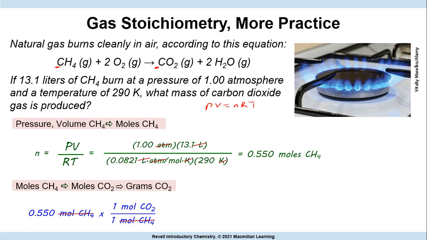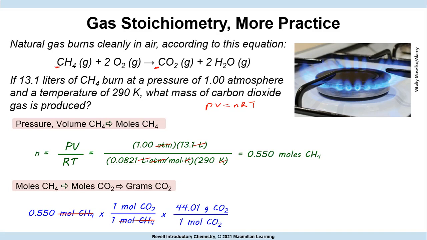Now we have to convert the moles of carbon dioxide to grams of carbon dioxide. So we multiply by the conversion factor, which is the molar mass of carbon dioxide. So moles will be at the bottom and grams will be at the top, so that the moles of carbon dioxide cancel out and we are left with grams. So the conversion factor is that 1 mole of carbon dioxide is equivalent to 44.01 grams.